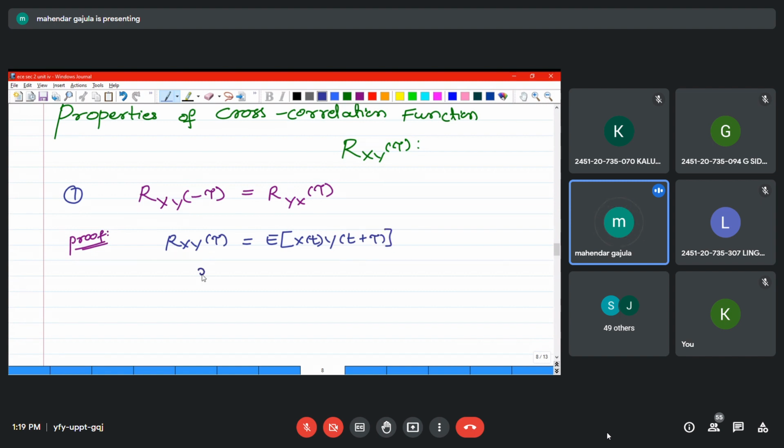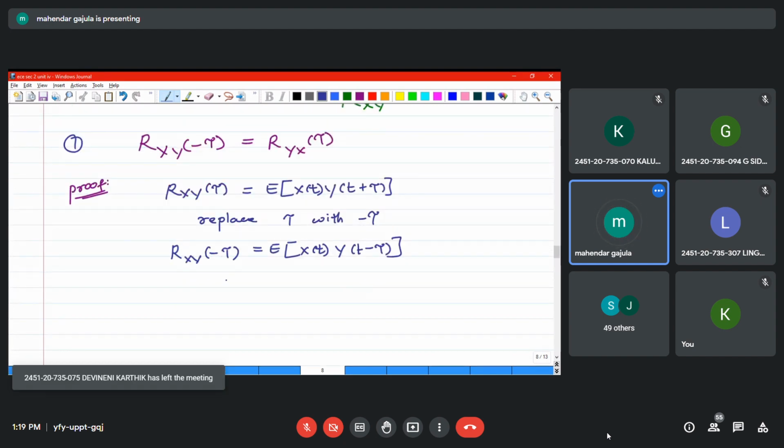Now replace tau with minus tau, then we get Rxy minus tau is equal to expectation of xt yt minus tau. Now let's take t minus tau is equal to k.